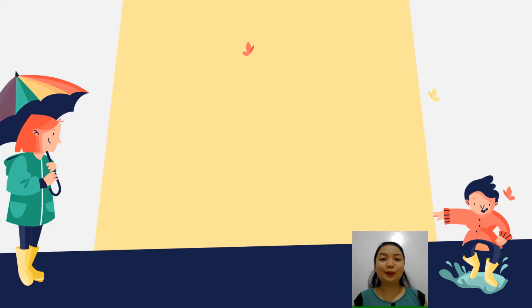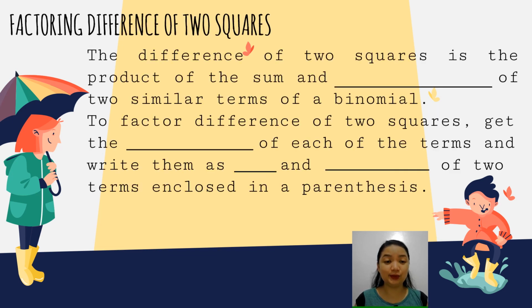So let us sum up what you have learned in this video by filling up the missing terms on this statement. In factoring difference of two squares, the difference of two squares is the product of the sum and blank of the two similar terms of a binomial. Yes, it is the product of the sum and difference of two similar terms of a binomial.